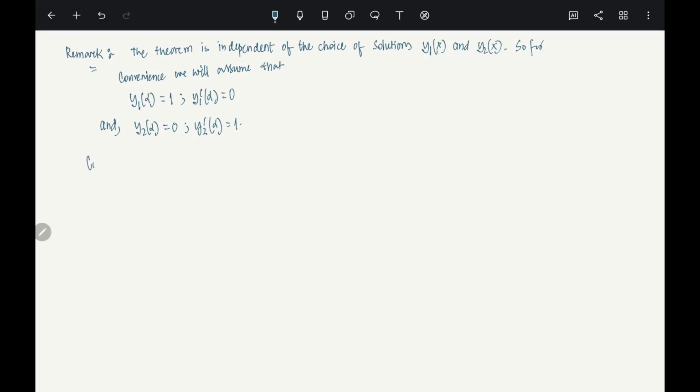So let's look at a corollary now. The homogeneous boundary value problem, L1(y) = 0, L2(y) = 0, has infinitely many non-trivial solutions if and only if delta is 0.